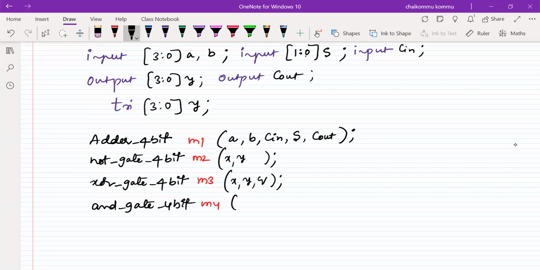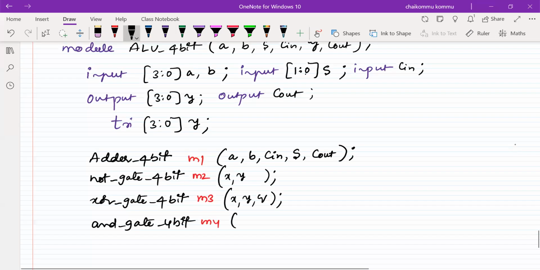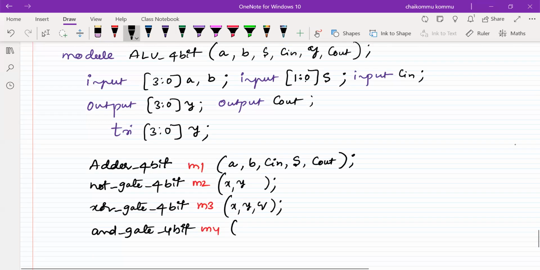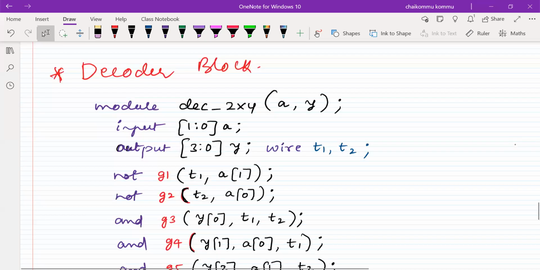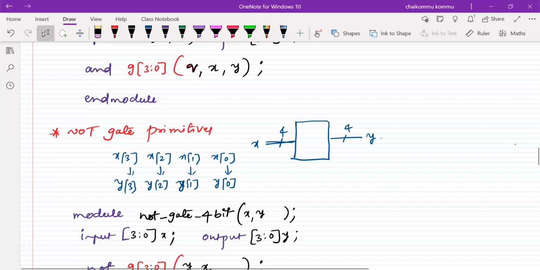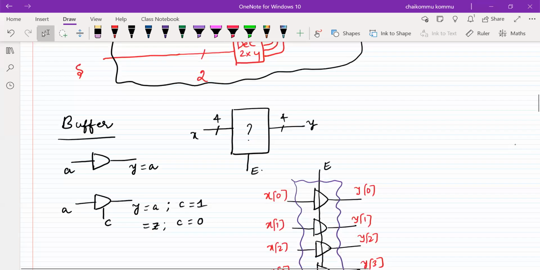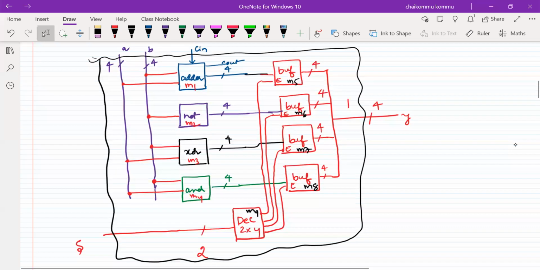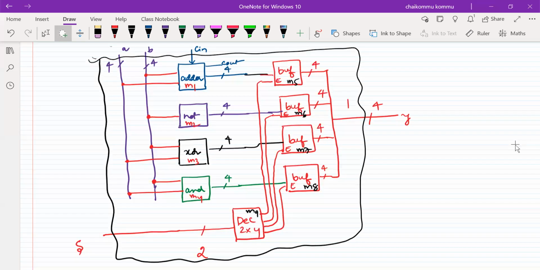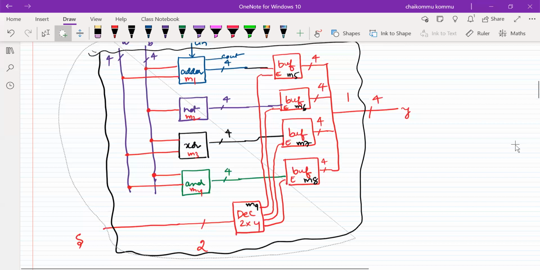Actually, we should not write X and Y like this. We have to write it with respect to A and B and C. It's very, very important. Though you have to copy that one, we have to take the names of this one. So copy. We have to take all these things.